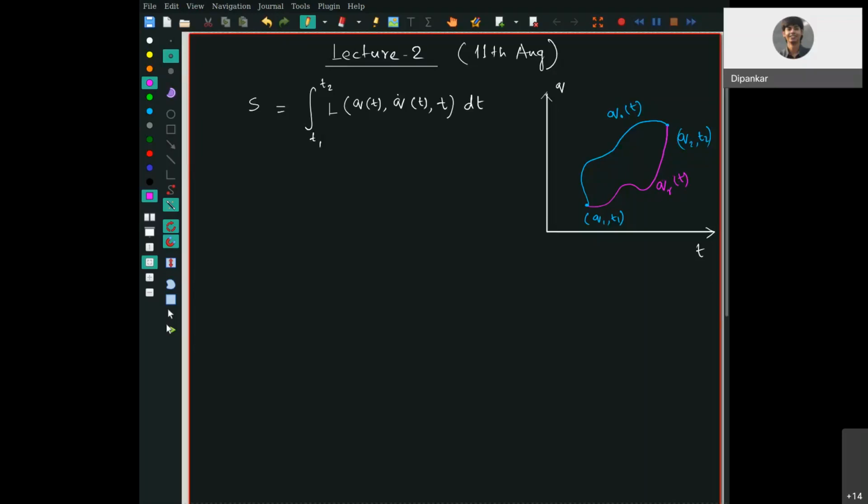So our goal is to find q0(t) for which this S is an extremum.